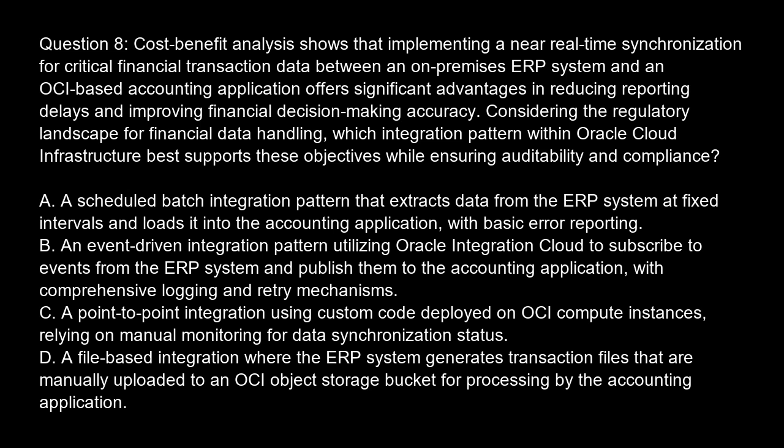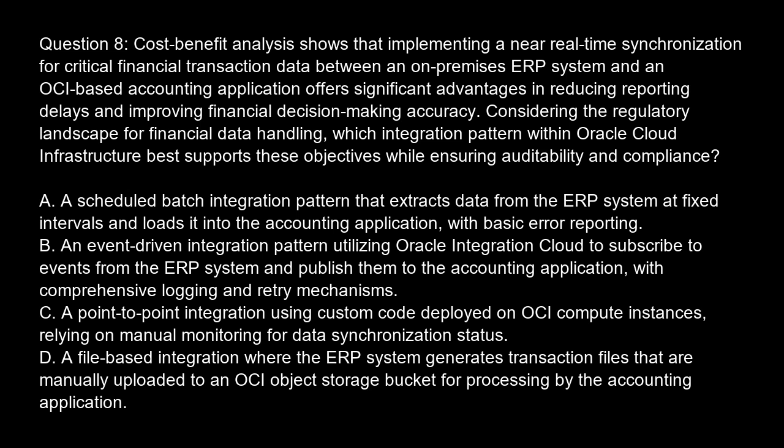Option A. A scheduled batch integration pattern that extracts data from the ERP system at fixed intervals and loads it into the accounting application with basic error reporting. Option B. An event-driven integration pattern utilizing Oracle Integration Cloud to subscribe to events from the ERP system and publish them to the accounting application with comprehensive logging and retry mechanisms.